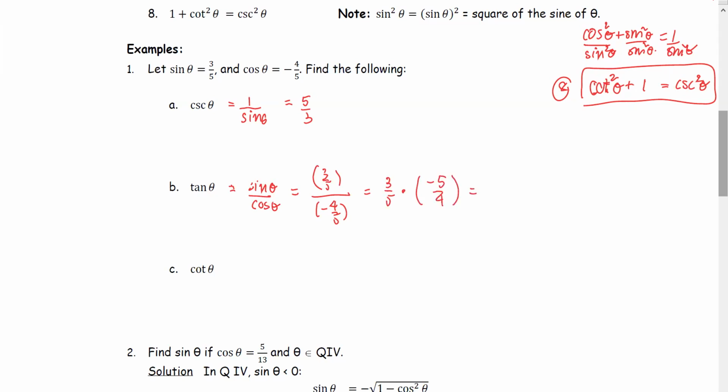Therefore, the tangent theta is negative 3 over 4. The cotangent theta is the reciprocal of the tangent. From part B, the tangent is negative 3 over 4. Therefore, the cotangent theta is negative 4 over 3.